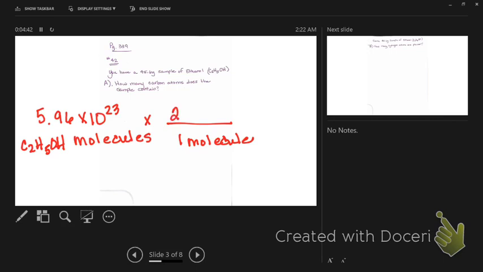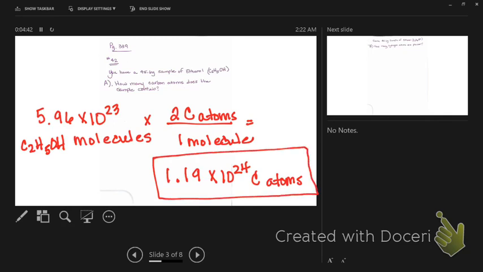There are 2 carbon atoms. Okay, so I'm going to do that math, and then I'm going to end up with my final answer of 1.19 times 10 to the 24th carbon atoms.